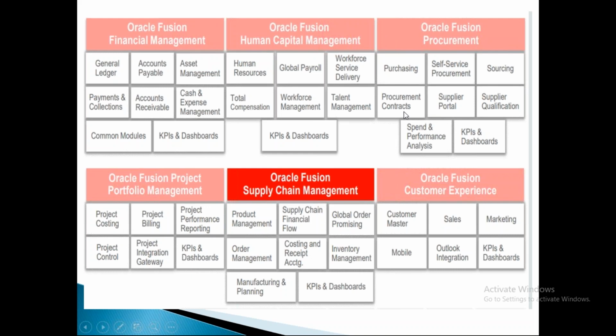Procurement belongs to a different family tree, and SCM is again different. Under procurement you have purchasing, self-service procurement, sourcing, procurement contracts, supplier portal, supplier qualification, and other KPIs and dashboards.